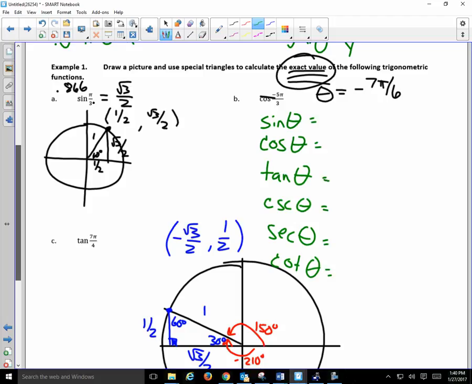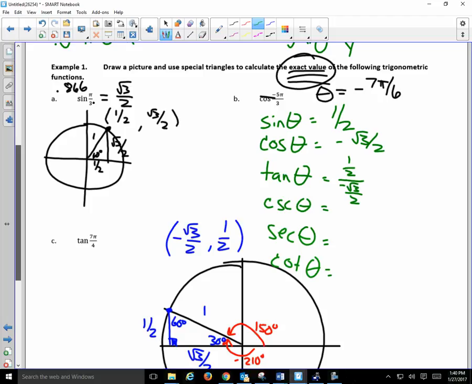What is sine? 1/2, piece of cake, upside down. Cosine. Negative root of 3 over 2. How do I find tangent? Yeah, y divided by x. So no easy way around this. 1 over 2 divided by negative root of 3 over 2.